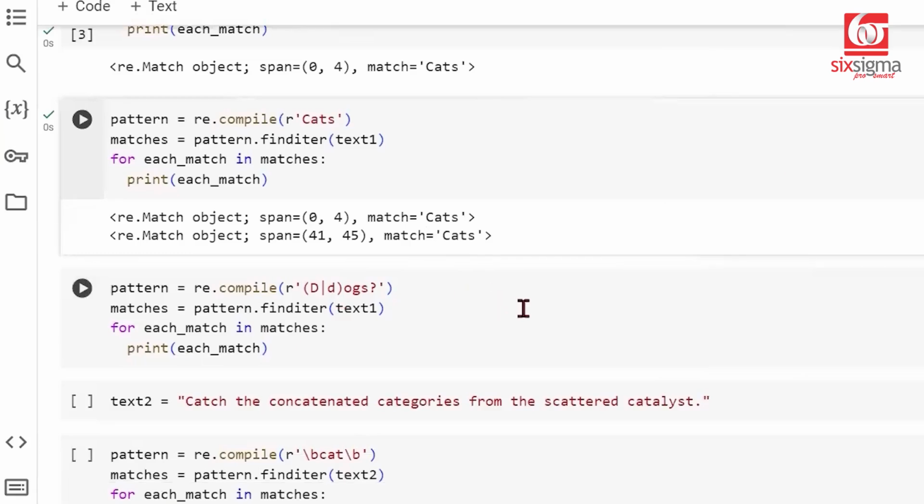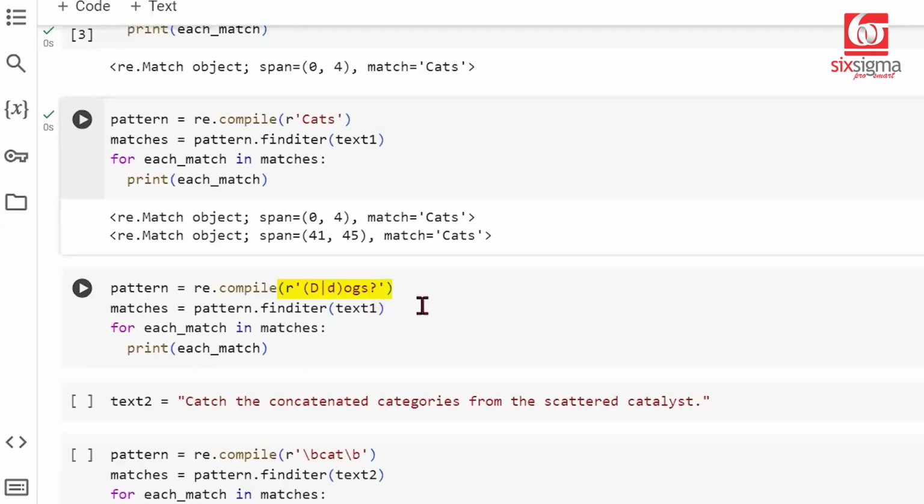Let's say we are also looking for the presence of the word dogs here, and this may start with an uppercase or a lowercase. So we put an uppercase D, pipe, lowercase d, could be any of these, and we've made a group out of it, and then we are looking for ogs. Now, s followed by a question mark means even if you do not have an s at the end, it will find it. The question mark, if you remember, indicates the presence or absence of whatever precedes it.